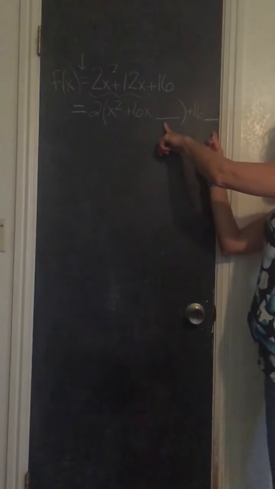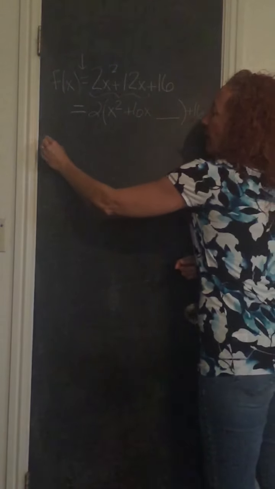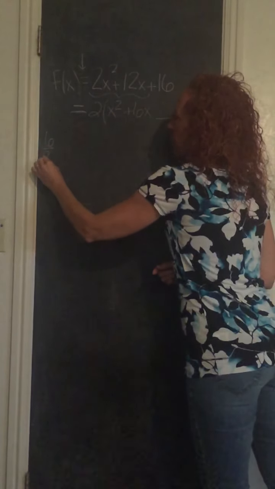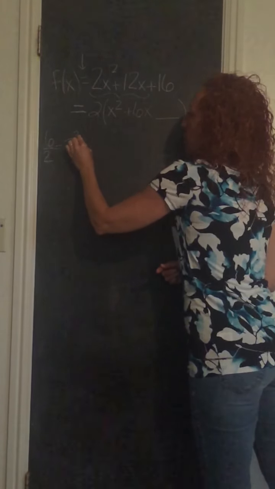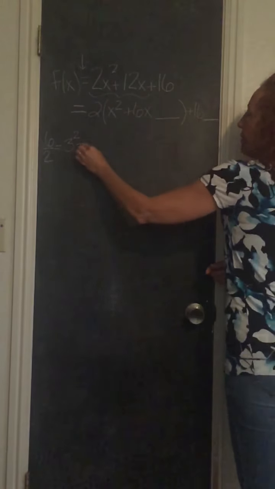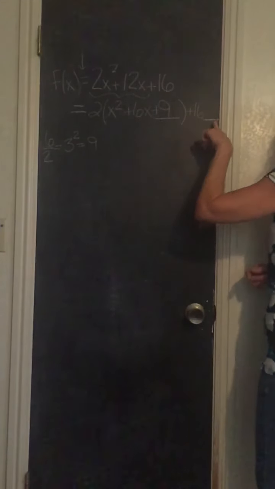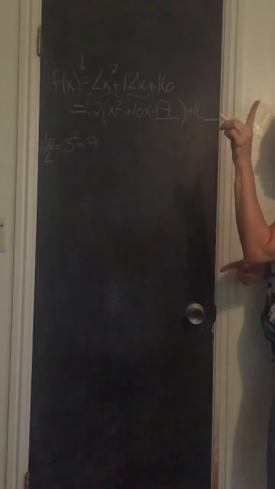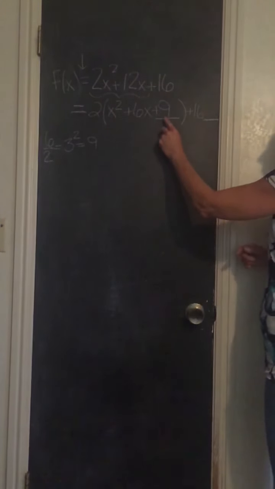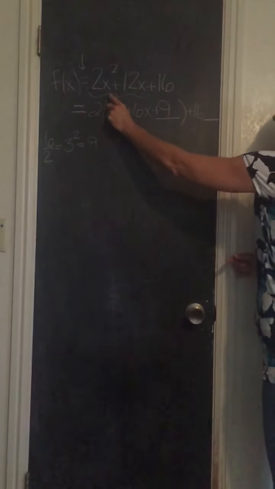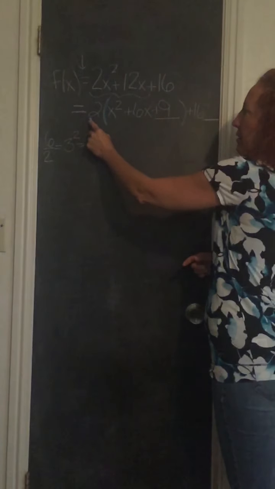These two numbers are going to be opposites every single time. All right, so take that 6, divide by 2, it's positive 3. Square it, we get positive 9. We're going to put a plus 9 here. Don't automatically put a negative 9 here. Watch real quick. If we were, what did we really add when we put a 9 inside this parenthesis with a 2 out front?